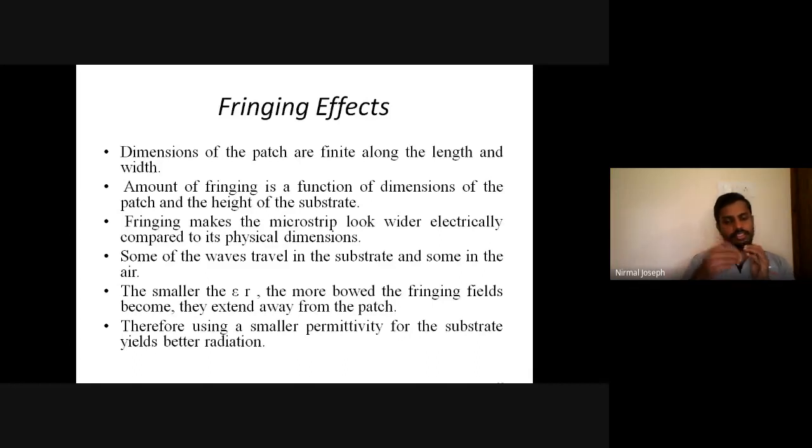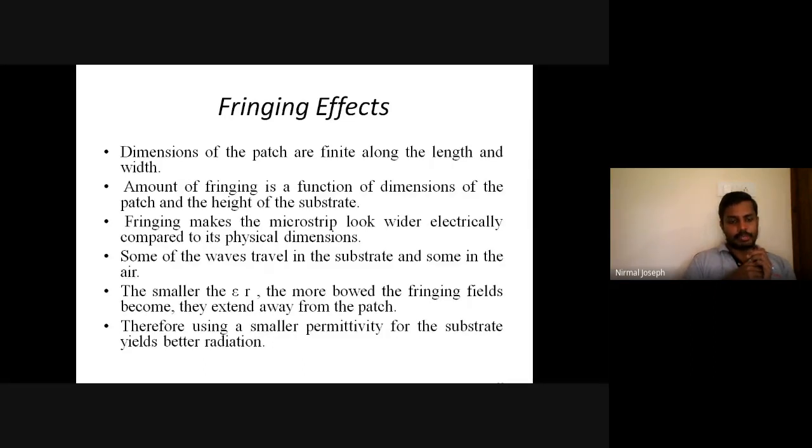That means whenever it operates, we may feel like its size has become large. Some of the waves travel in the substrate and some in the air. That is the basic cause of this fringing.